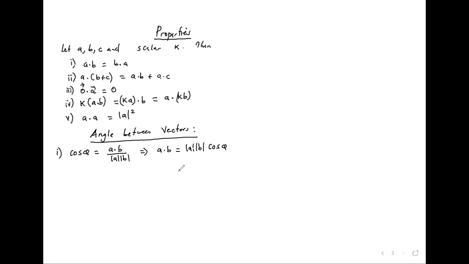An example. Let's do this example so that we don't forget. Find theta between vectors A (3,1) and B (2,-1).